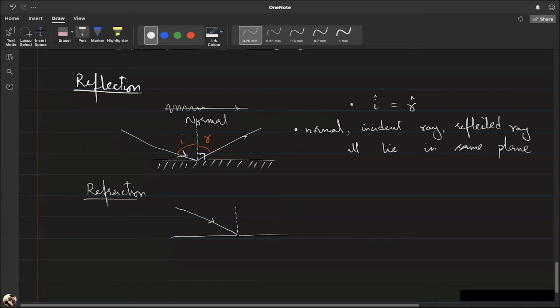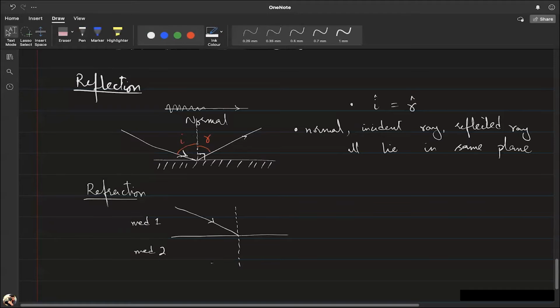It has to do with the normal again. So here the thing is that let's suppose this is my medium number 1. So medium 1, and this is my medium 2. Then let's suppose my medium 2 is more dense than the first medium. Let's suppose it's going into a denser medium from a lighter medium. So what will happen is that it will need a shorter path because its speed will be reduced.